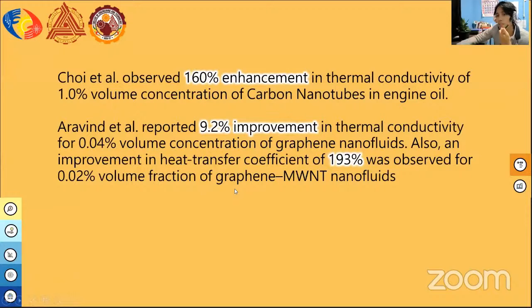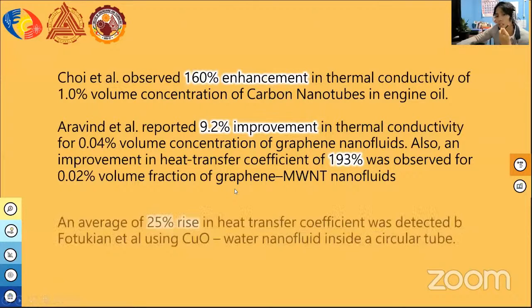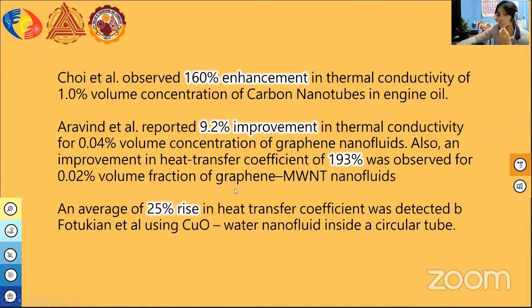Additionally, an improvement in heat transfer coefficient of 193% was observed in their research. A different study reported an average of 25% rise in heat transfer coefficient. As can be perceived, the intensification in heat transfer coefficient in nanofluids relative to the base fluid can vary from a few percent up to several hundreds of percent.